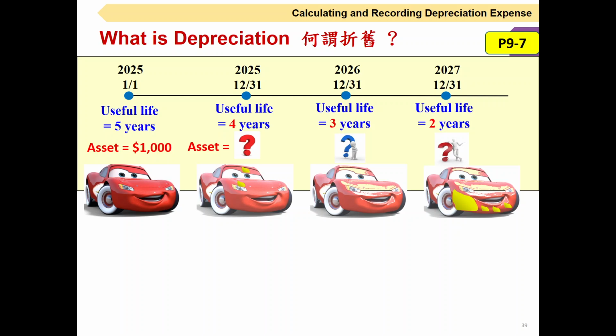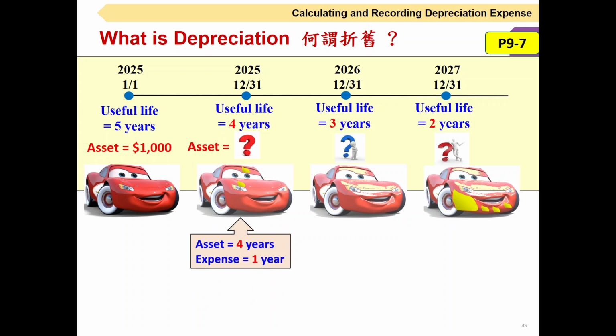Okay? So first day, I have assets. How many years? 5 years, right? After 1 year, you have the assets for how long? Only 4 years, right? The useful life decreased 1 year. It's not your assets anymore, right? It becomes what? Your expense for 1 year.